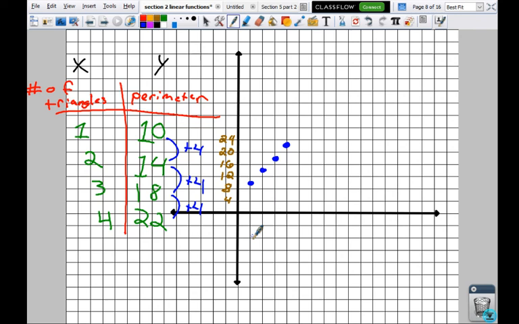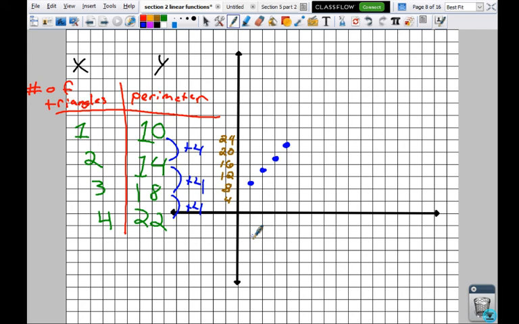And we are almost done. We have one last thing. Dylan, what's our last thing we have to do? Kinda. Do we have a line up here? Yeah. But have we made it a line, or do we just have dots?